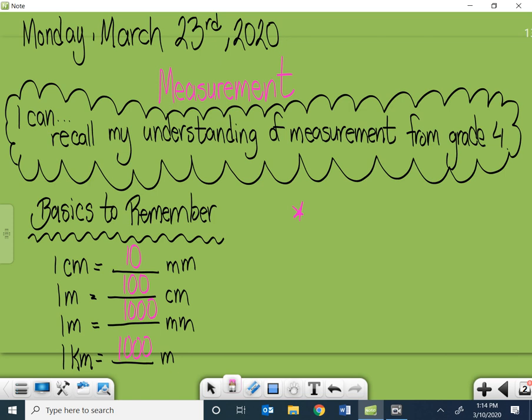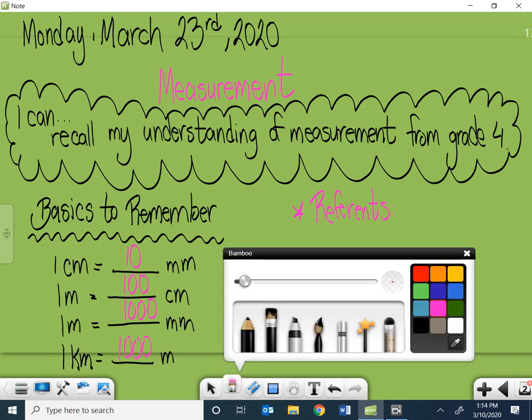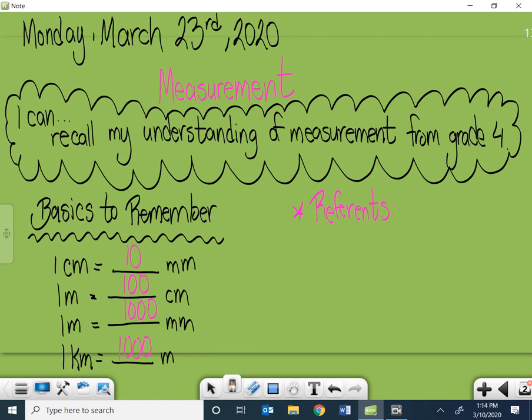A little point here: we can think of what we call references. Reference just means a reference point, things to help us memorize. A good way to understand what 1 centimeter looks like is an approximation.